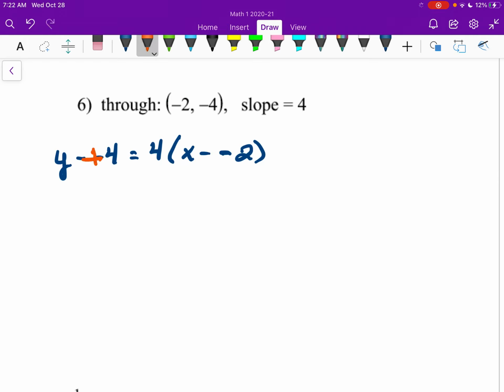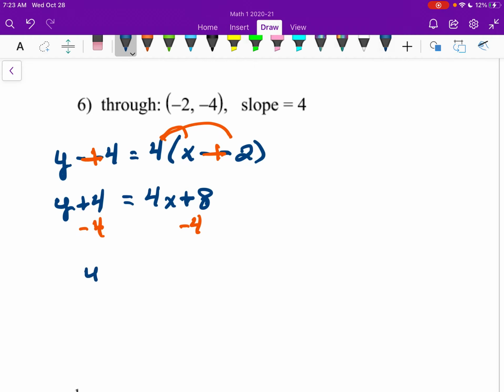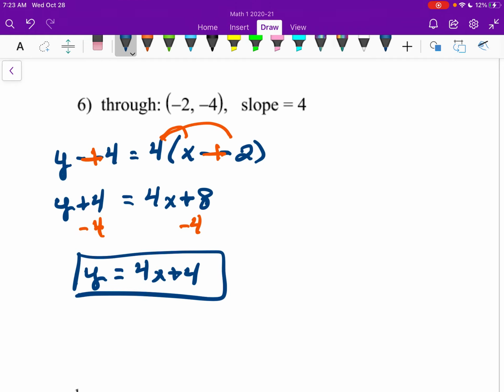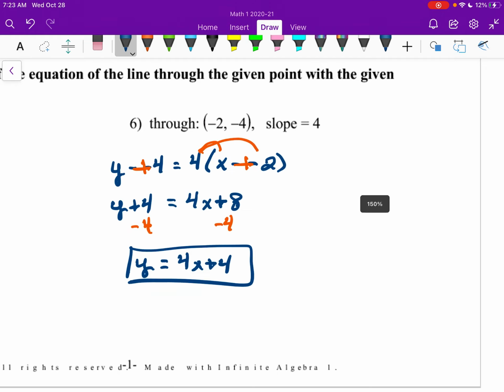All right, my double negatives turn into positives. And just like last time, I'm going to distribute my 4. So I'm going to have y plus 4 equals 4x plus 8. I subtract 4 because I want a y equals as my answer. And y equals 4x plus 4. There we are. That is our answer.